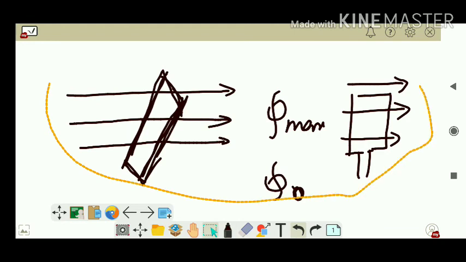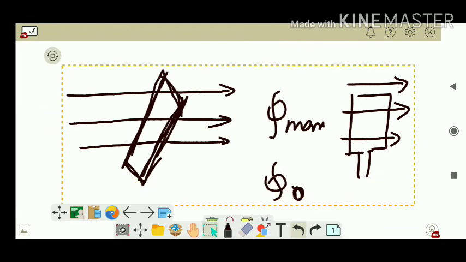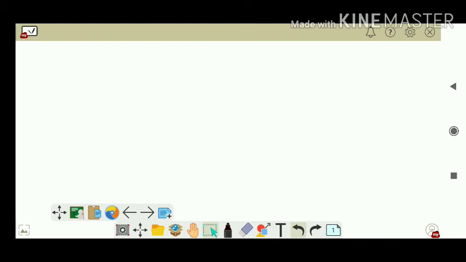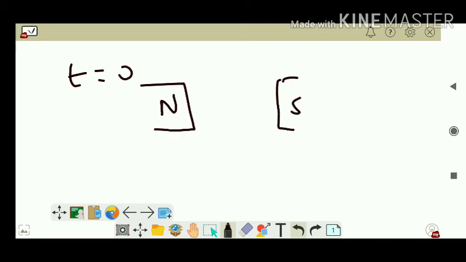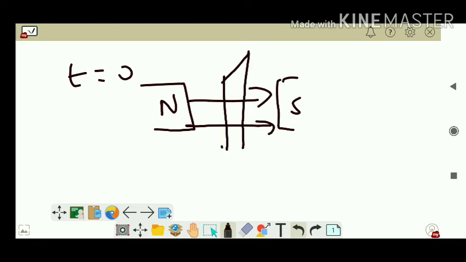Now what happens if we take the scenario at, let's say, t equal to 0, the initial time? I'm going to keep the coil in such a way that it is perpendicular to the magnetic field lines. That is, this is your north, this is your south, and these are the magnetic field lines, and you are going to keep the coil like this, right?